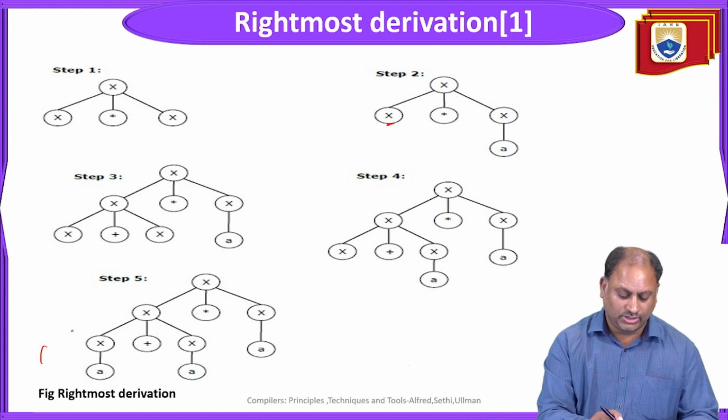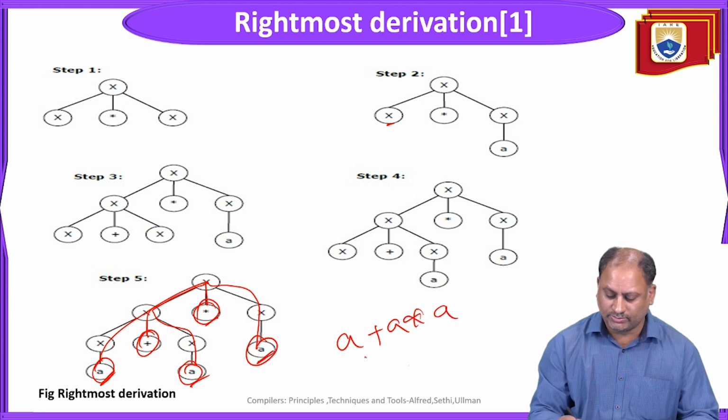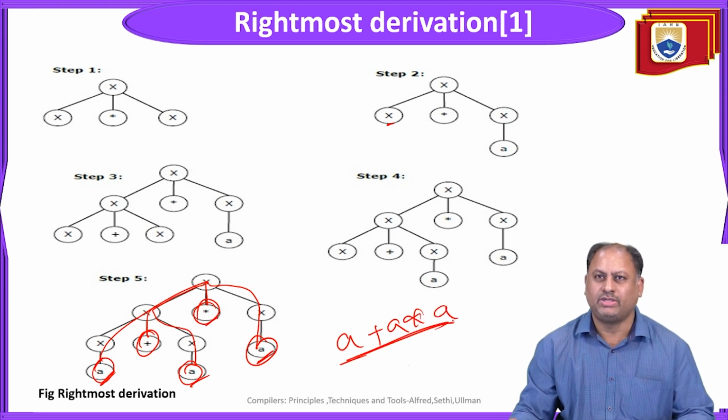So here also we get the child orders: for this branch we get a, and from this we get plus, and from this branch we get a, and from this branch we get star. So the resultant is a plus a star.